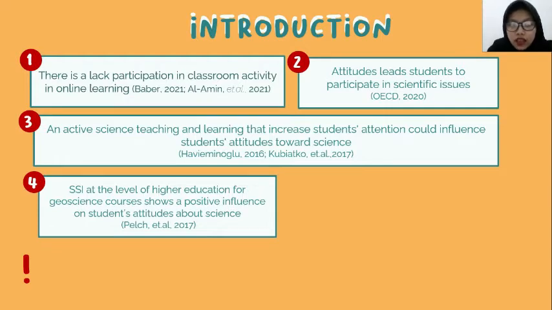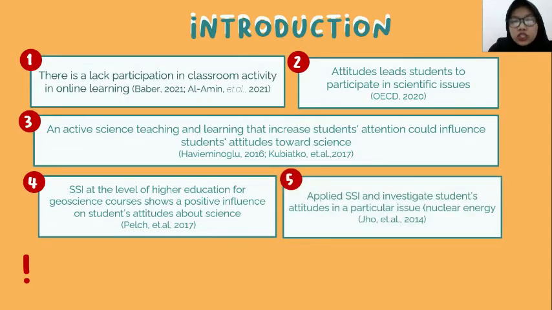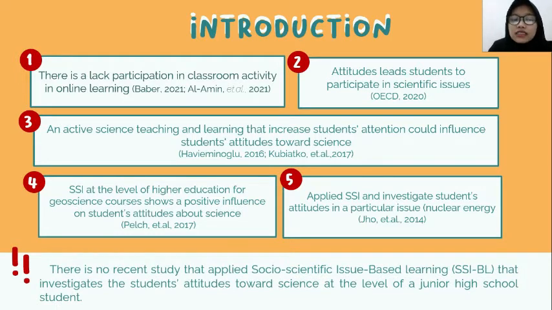Besides that, another study applied socio-scientific issue and investigated student attitudes in a particular issue. However, there is no recent study that applies socio-scientific issue-based learning, or SSIBL, to investigate students' attitude towards science at the junior high school level.